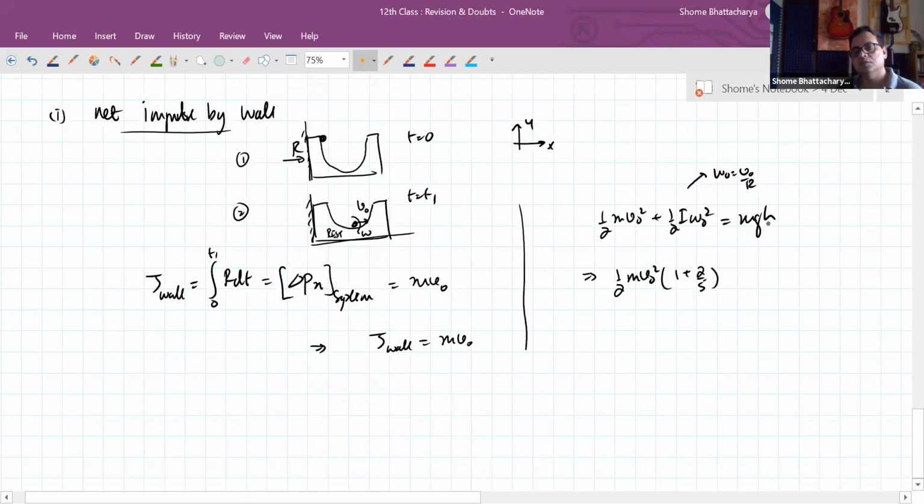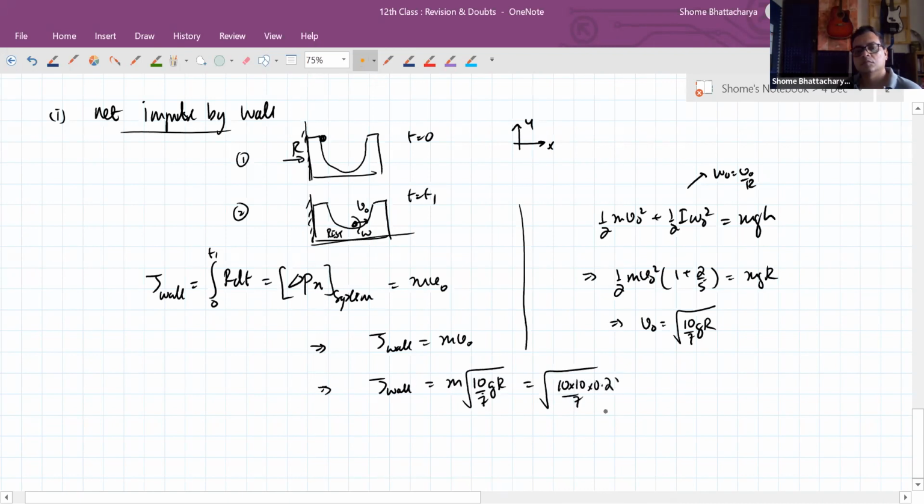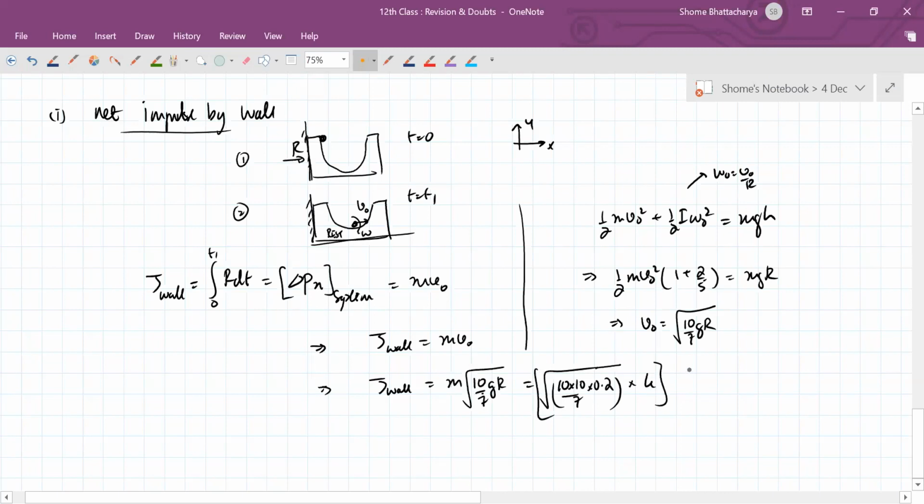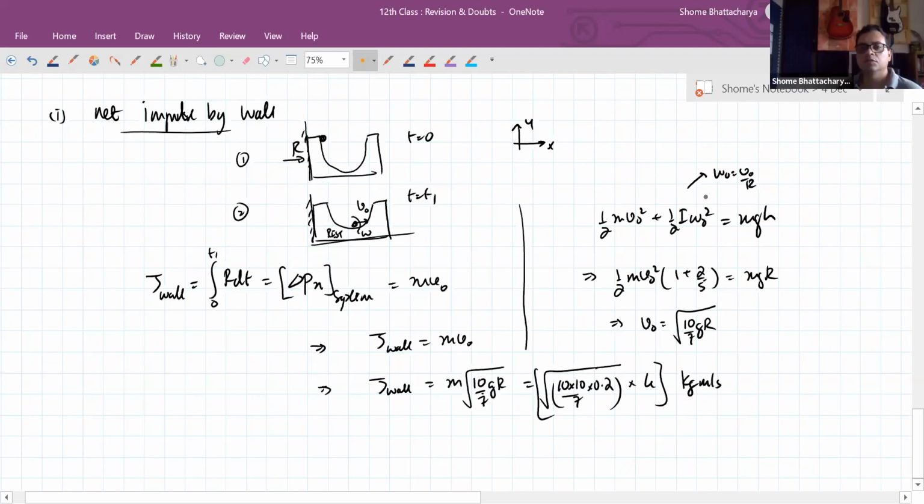So it's rolling on a stationary surface still. So this will be the impulse.